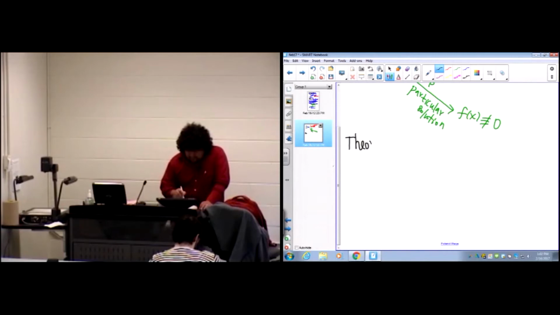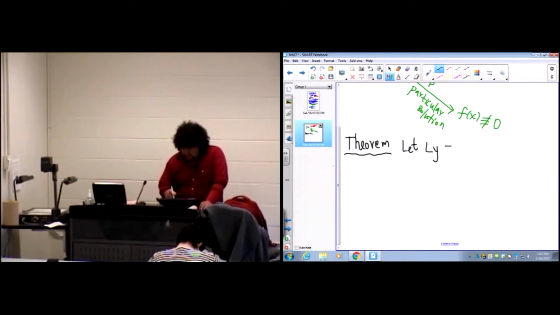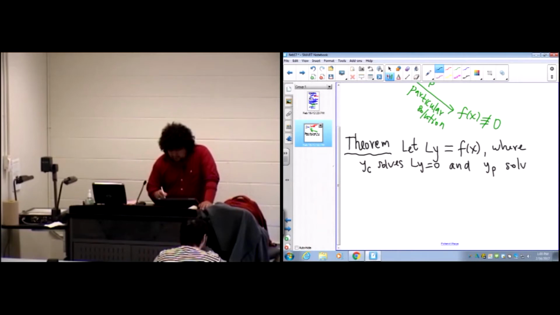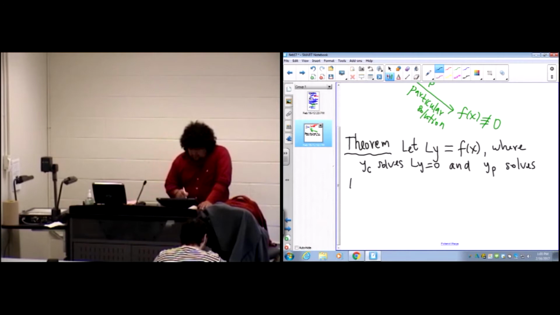Let's consider the operator equation Ly equal to f of x, where y sub c solves Ly equals 0, and y sub p is a solution of Ly equals f of x.